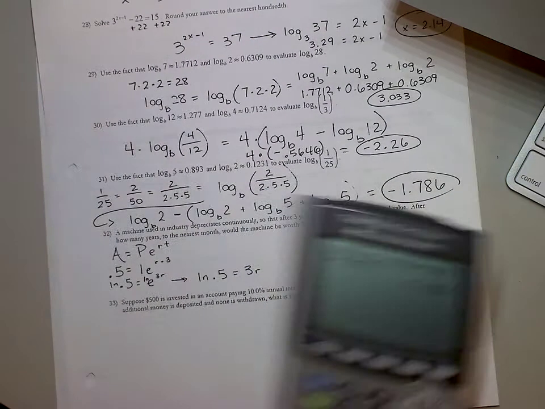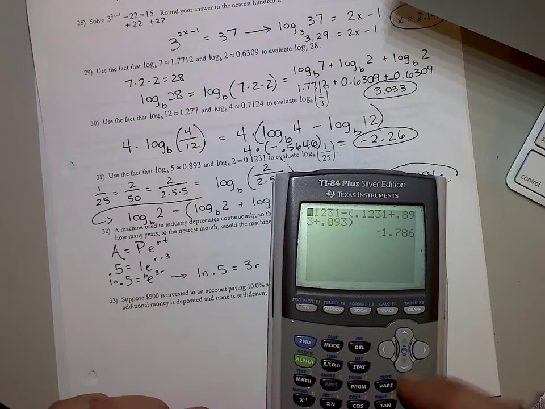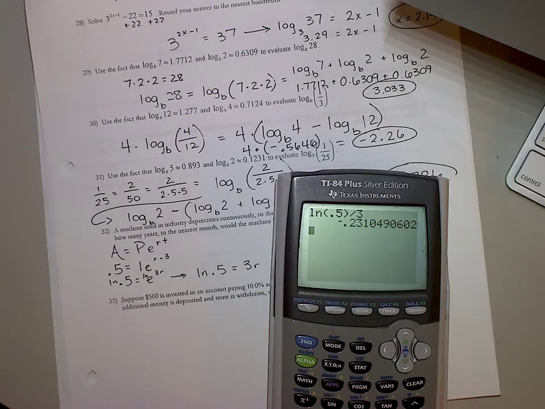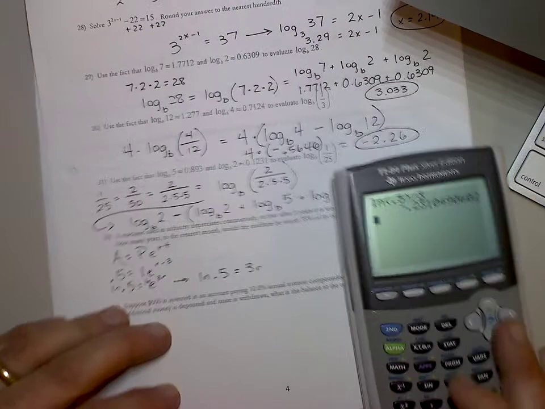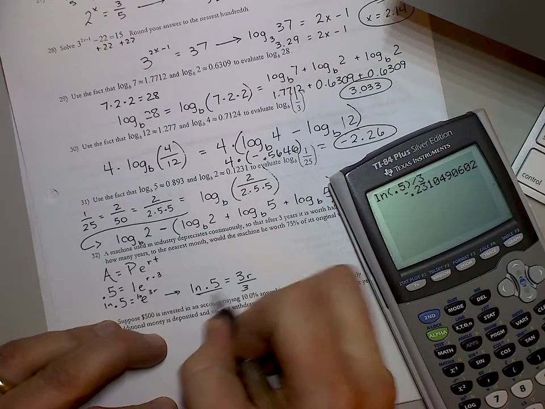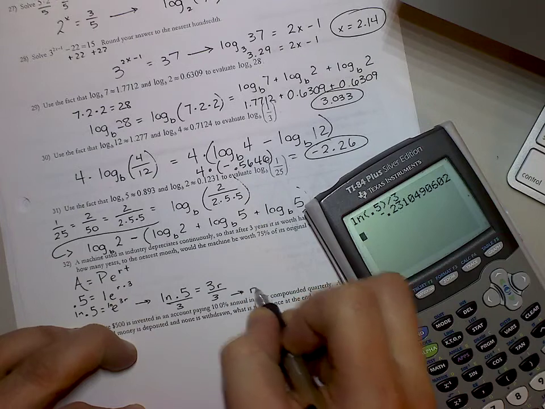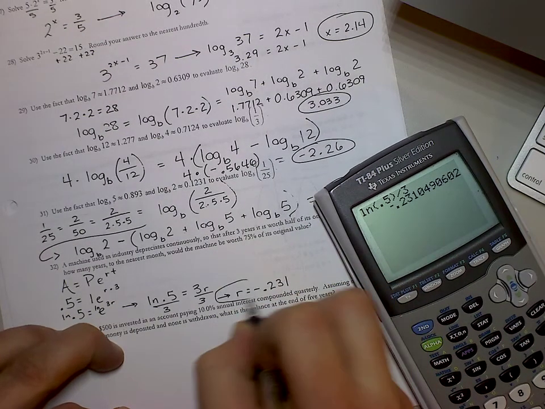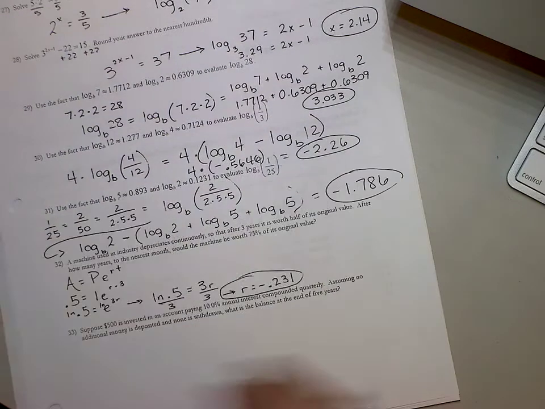So in my calculator now, I've got the natural log of 0.5, and then I have to divide by 3 to get R all alone, and we get that. So our rate, once we divide by 3, the rate is negative 0.231. And now that's what we're going to use to answer the problem.